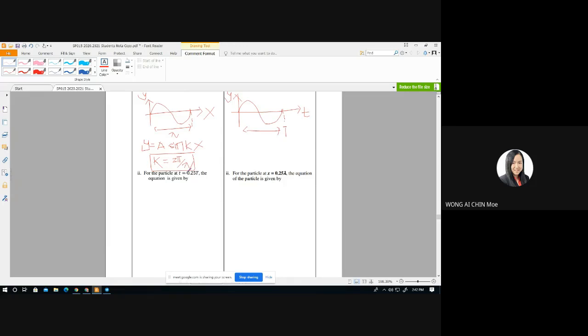For the particle when t equals 0.25 T, the equation given will be y equals A sine of omega t plus kx. So you substitute inside: y equals A sine of omega, which we change to 2 pi over T, and the time taken is 0.25 period, plus kx.